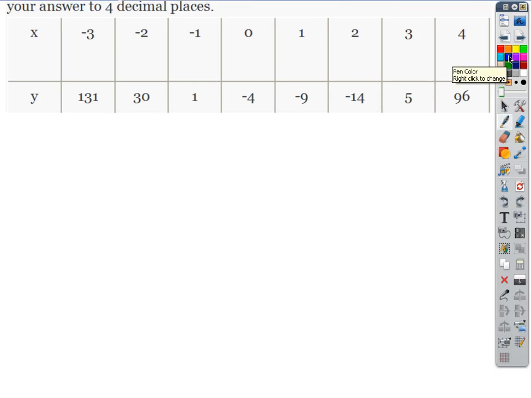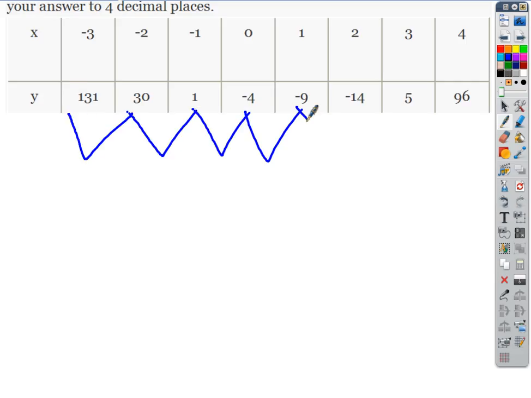So if we do that, how much is the x changing? Well, 30 minus 131 is what, negative 101? 1 minus 30, negative 29, negative 4 minus 1. Whoops. Negative 5, right? Yeah, it's so easy to make a mistake on this.